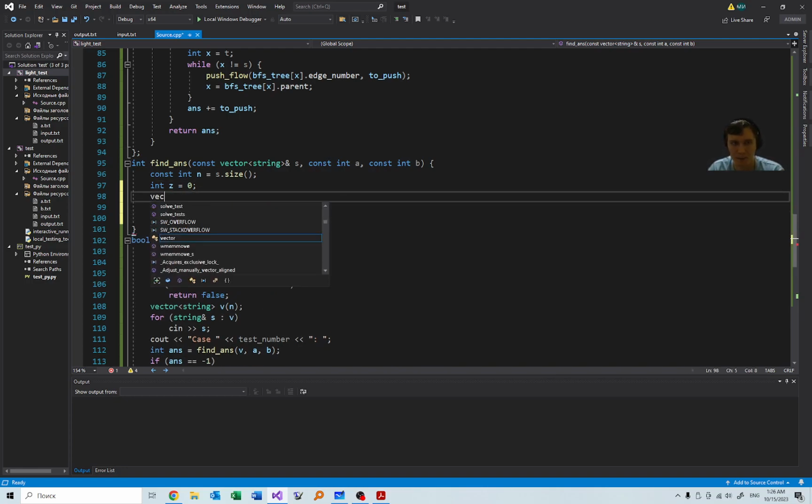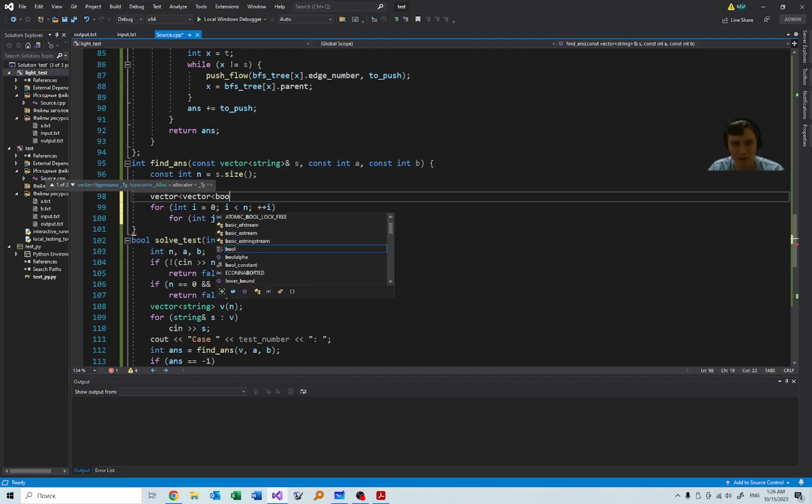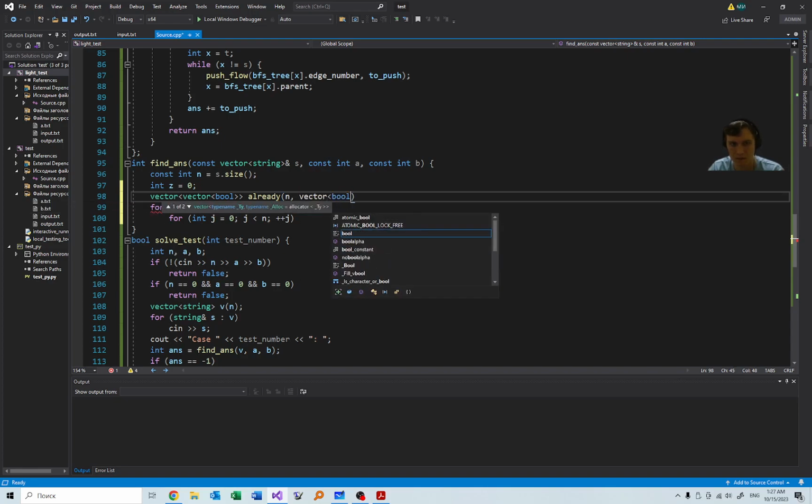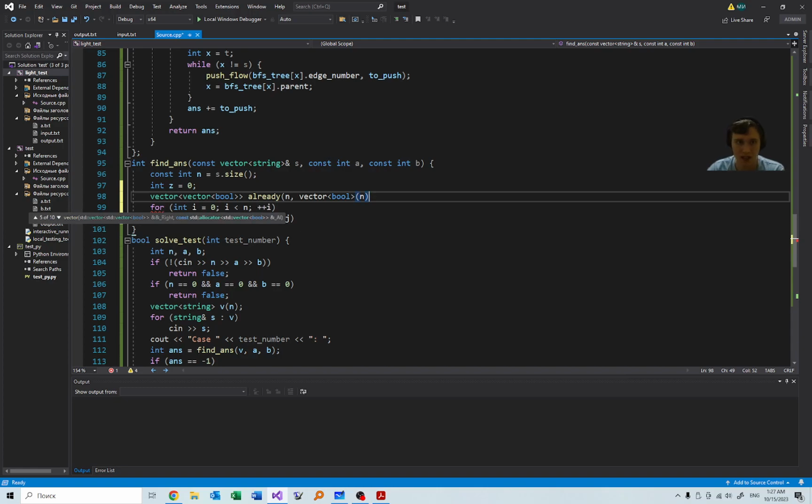So we also make vector bool, and possible.